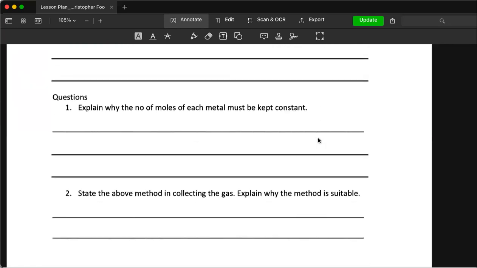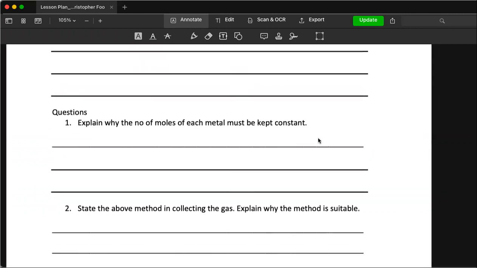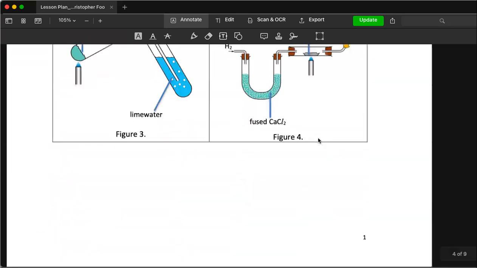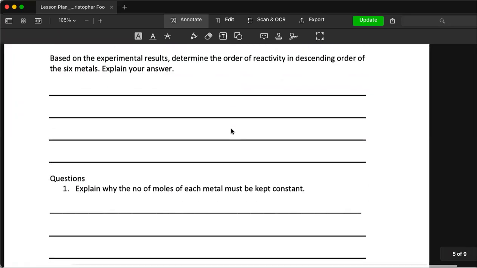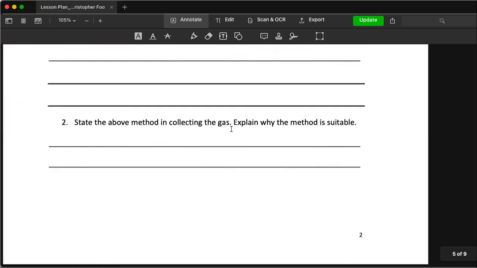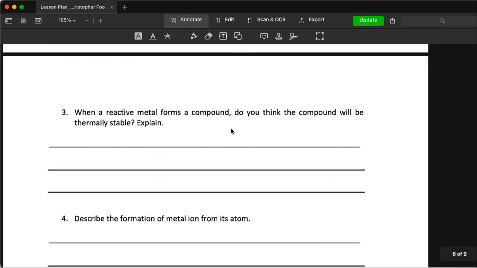And then there will be some questions to further understand the experiment. For example, why the same number of moles of each metal must be kept constant, and why this method of collection of gas is suitable.